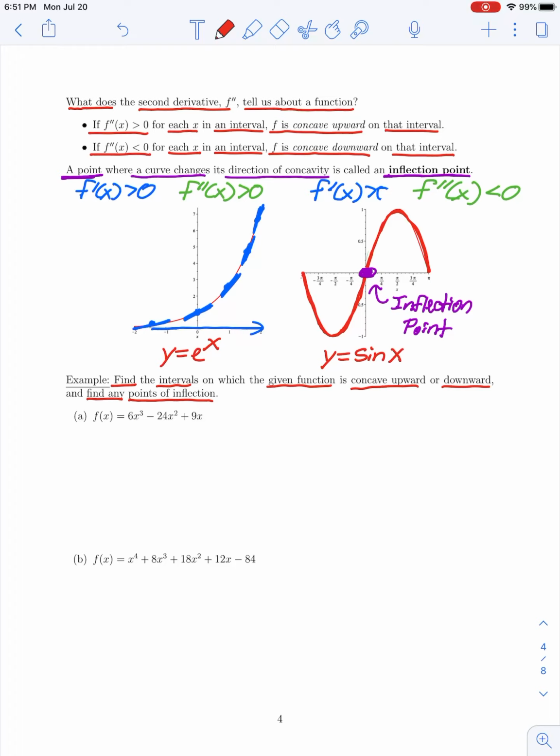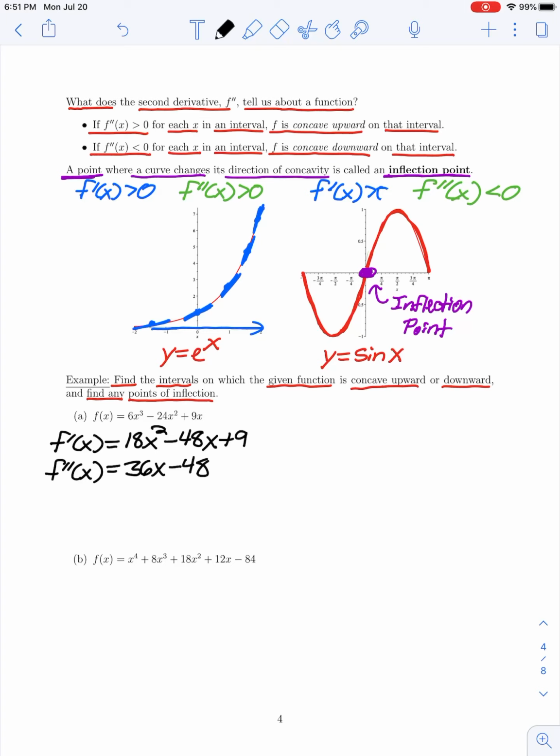So in part A, we have f of x is this polynomial, and for concavity, we need our second derivative. So let's start by finding the first derivative, f prime of x, which is 18x squared minus 48x plus 9. And then the second derivative, f double prime of x, is equal to 36x minus 48.